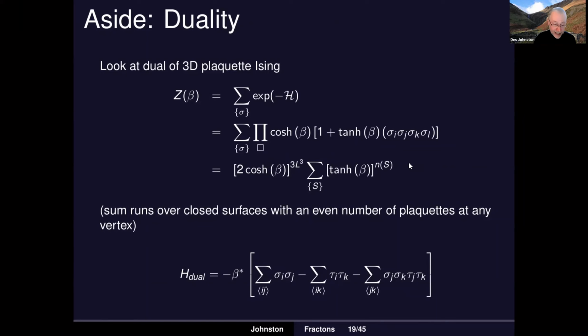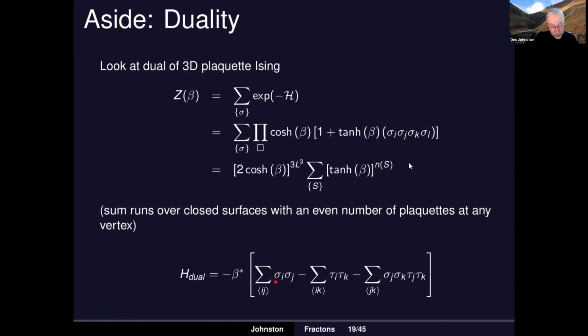So if I do a high temperature expansion of the Plaquette Ising model, what I get is a sum over closed surfaces where I've got an even number of plaquettes at any vertex on the dual lattice. And I can generate this as the low temperature expansion of an anisotropic Ashkin-Teller model, bizarrely.